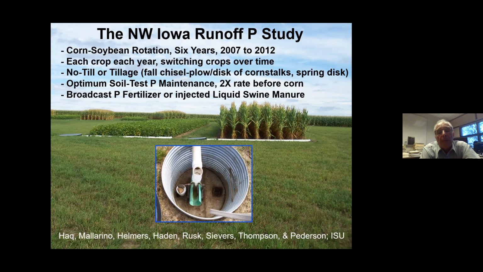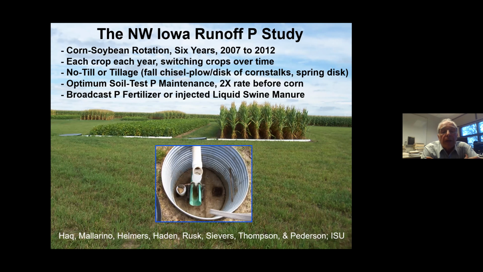And the P was applied at soil test P maintenance, from optimum to slightly high soil test P. And we use what many farmers use in Iowa and the North Central region. We apply the rate for the corn-soybean rotation only before corn, okay, in the fall.